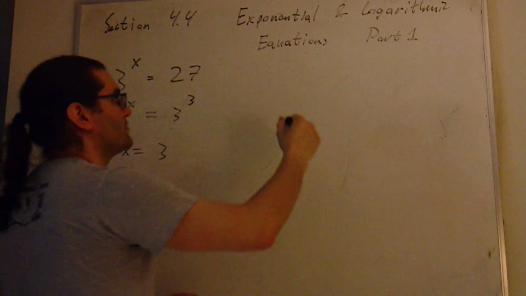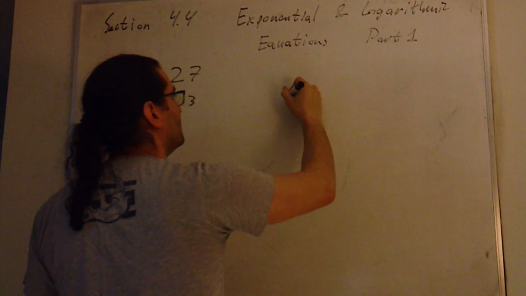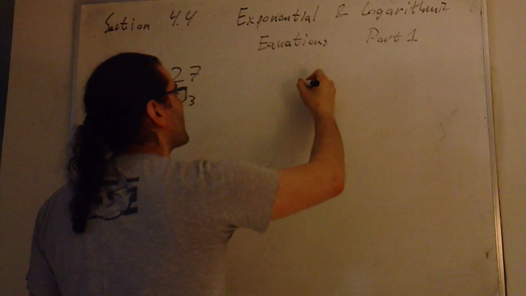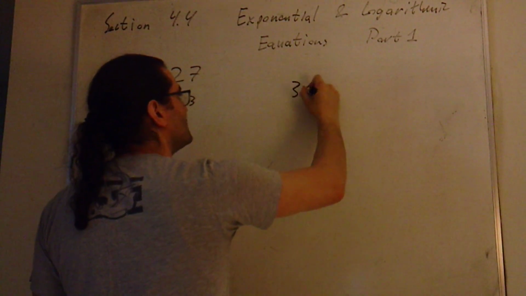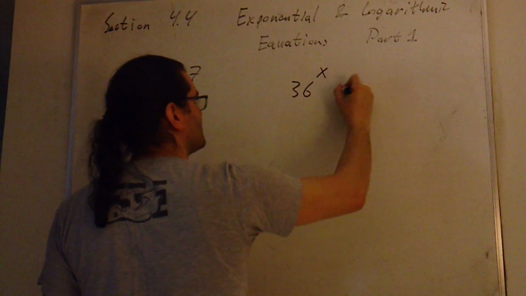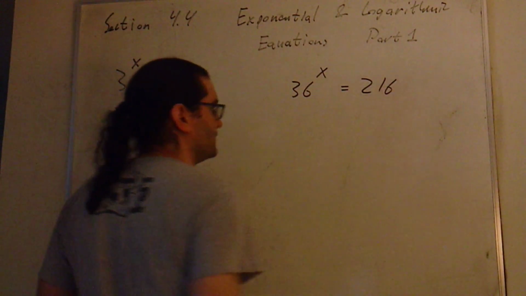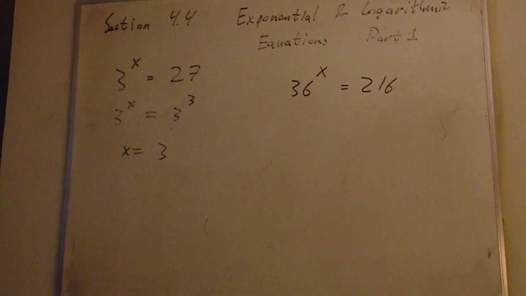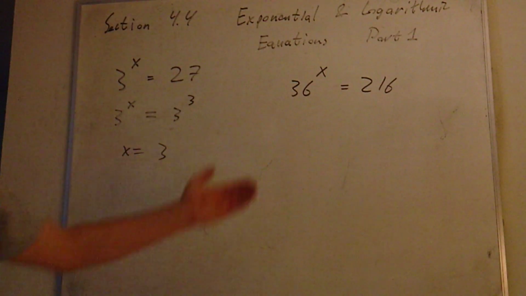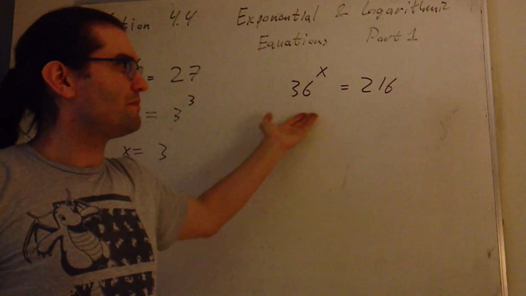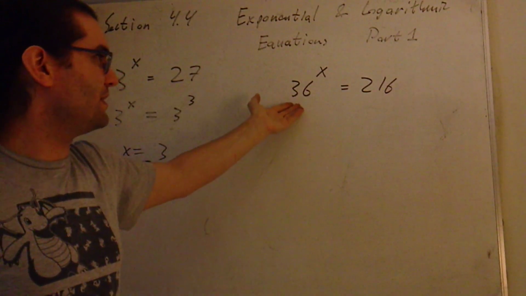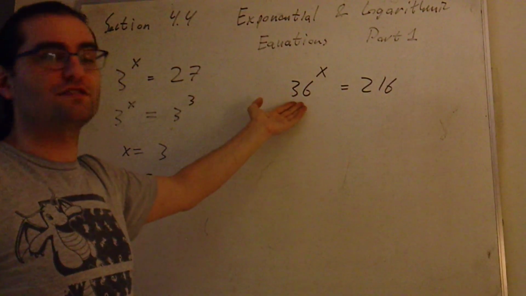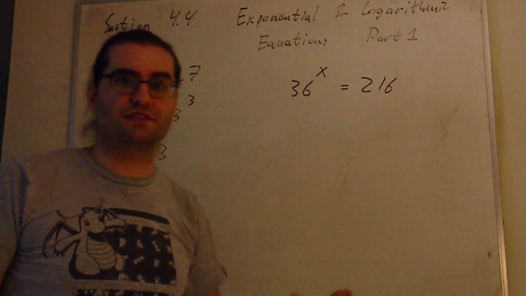Let's look at something like 36 to the x equals 216. This, as written, is not extremely clear. It's not immediately obvious that you could raise 36 to a power and get 216.